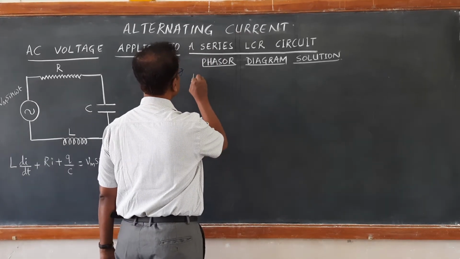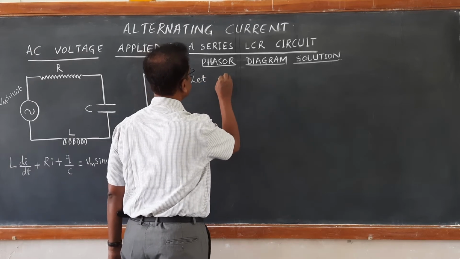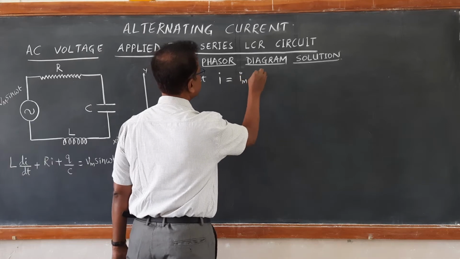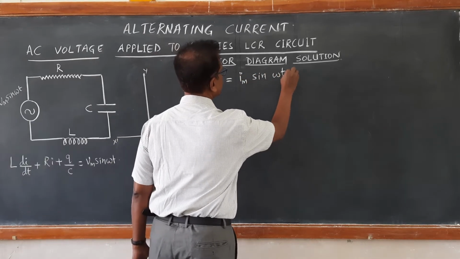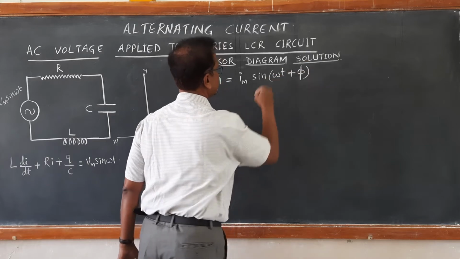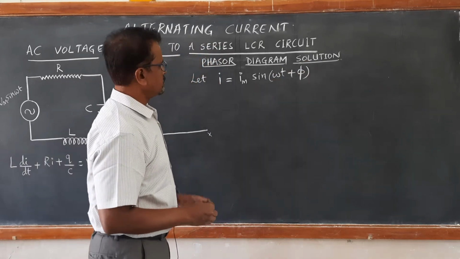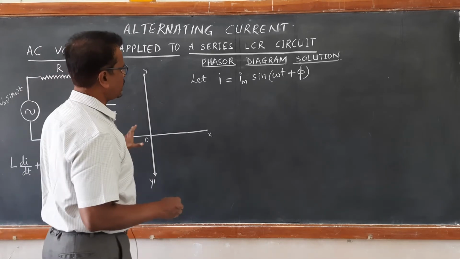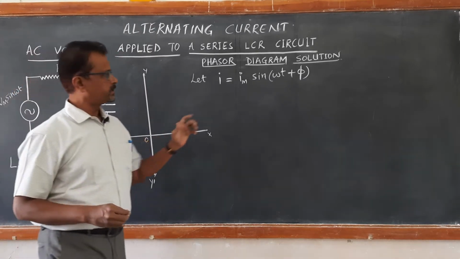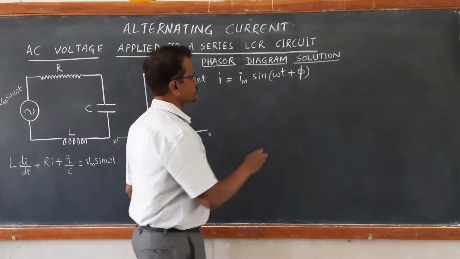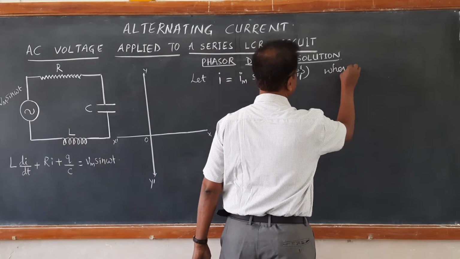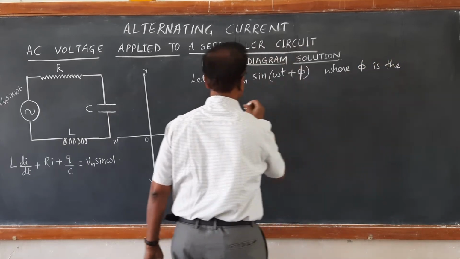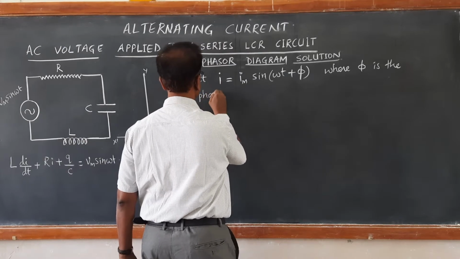So let us assume that I is equal to Im sin(omega t plus phi). Let us assume that the phase difference between the total current I flowing in this circuit and the voltage V equals Vm sin omega t is given by phi.